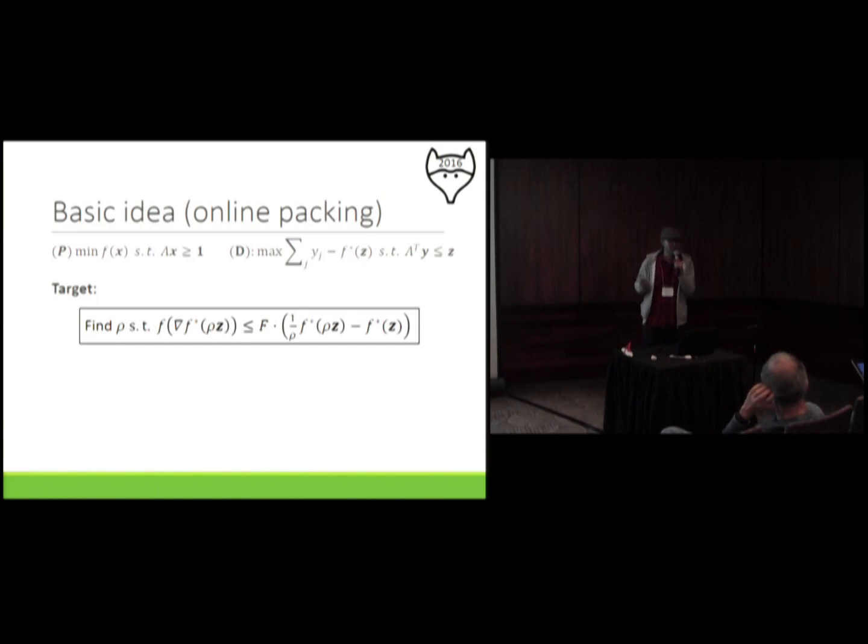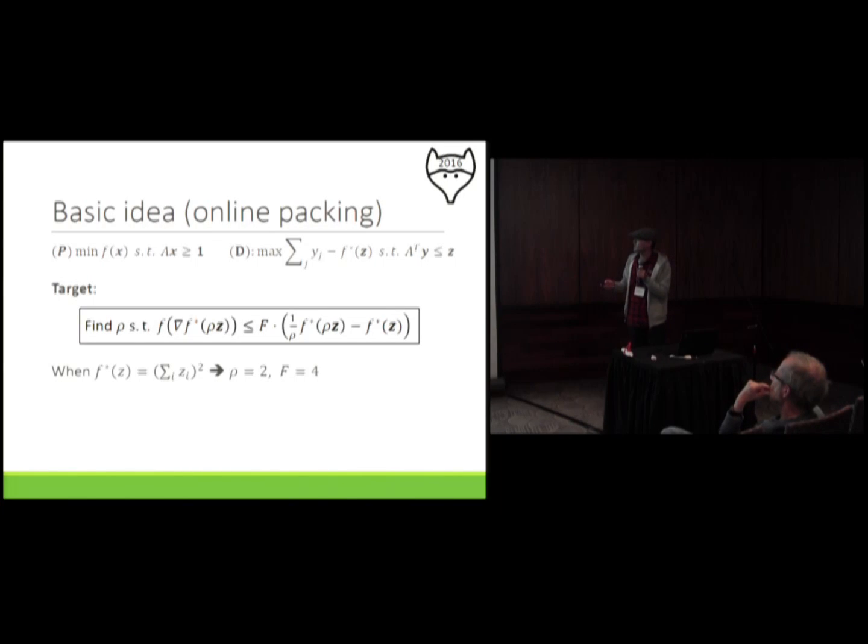Then we can get an F competitive ratio. For example, if F conjugate of z is the square of the summation of z_i, then if we choose rho to be 2, we can get an approximation ratio of 4.